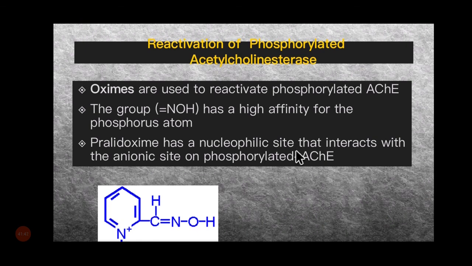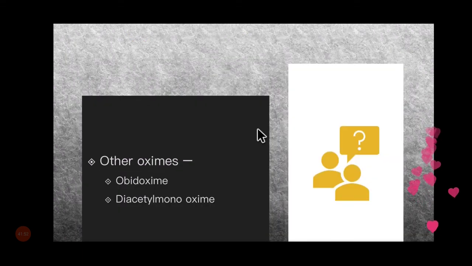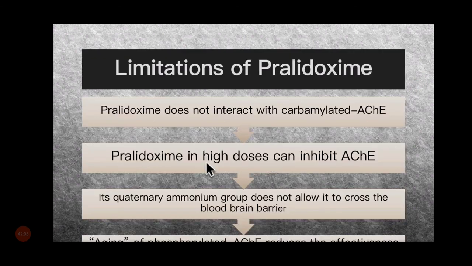Pralidoxime has a nucleophilic site that interacts with the anionic site on the phosphorylated acetylcholinesterase. The other oximes could be diacetyl monoxime, DAM. PAM and DAM are important ones which have to be used in organophosphorus poisoning.